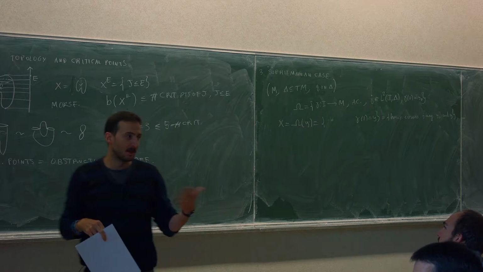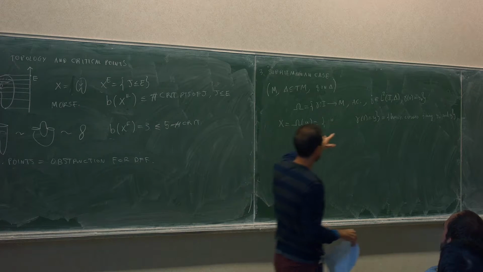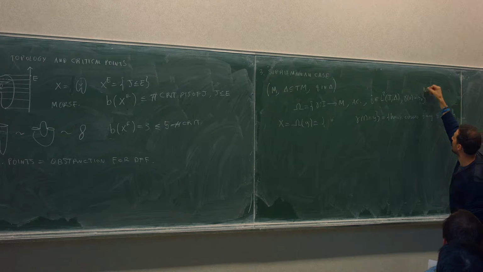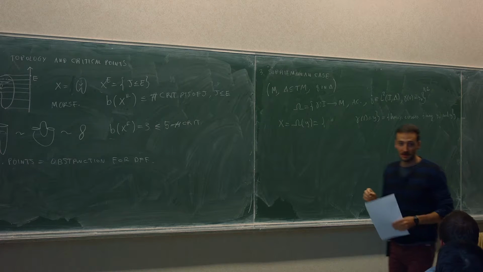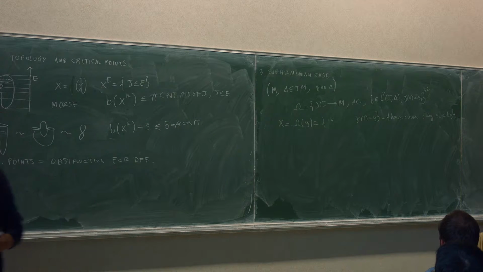And of course there are, as I said, restrictions on the regularity of these curves. I take this space again, and I work with the W^{1,2} topology. So is it a Hilbert manifold? Yes, this is a Hilbert manifold.